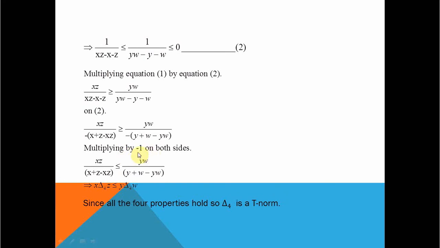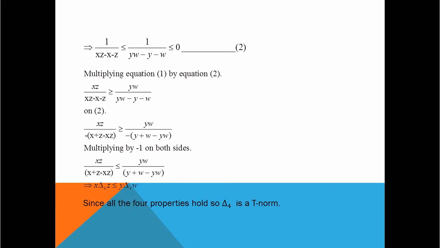Because we are multiplying again by minus 1, the inequality changes. This greater than or equal to becomes less than or equal to. And here we see that xz divided by x plus z minus xz is less than or equal to yw divided by y plus w minus yw. This implies x delta 4 z is less than or equal to y delta 4 w. In this way, our fourth property of T norm delta 4 is also satisfied.